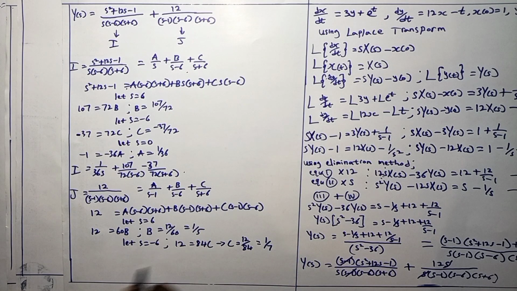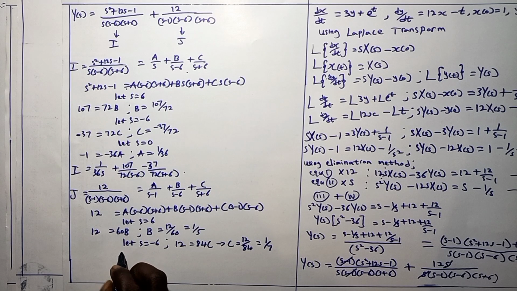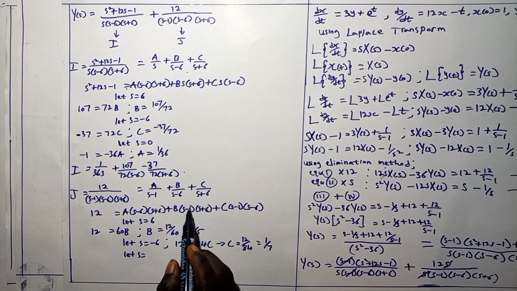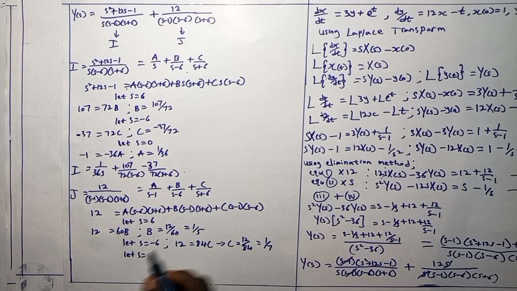Then the last unknown now, let s equal, we have s minus 1. So take it equal to 0 and isolate s, so we have 1. So now insert it here.